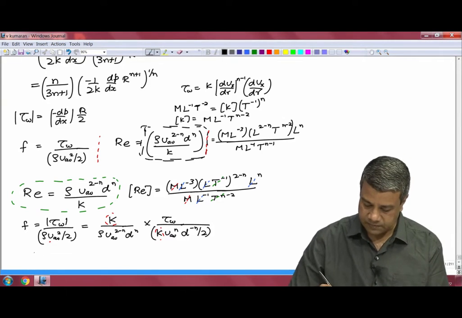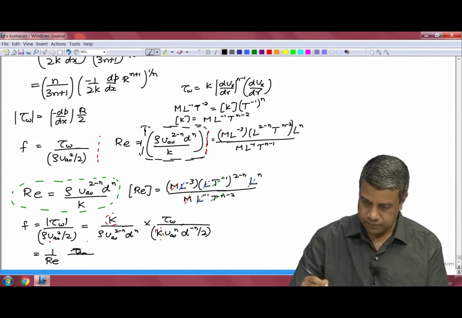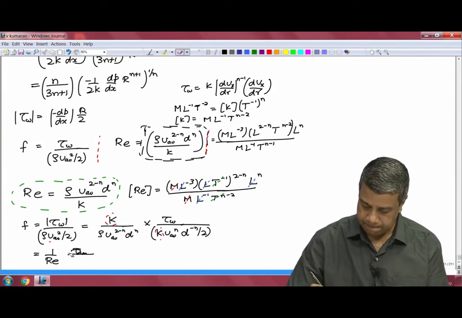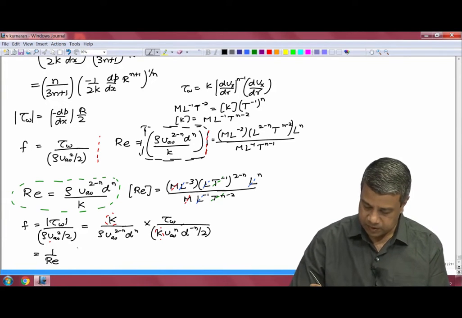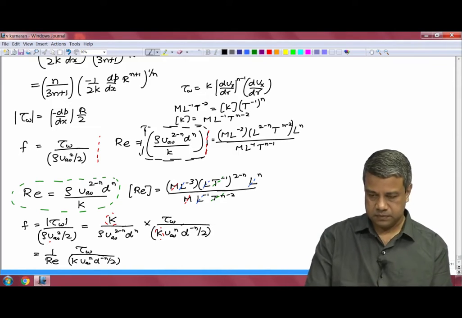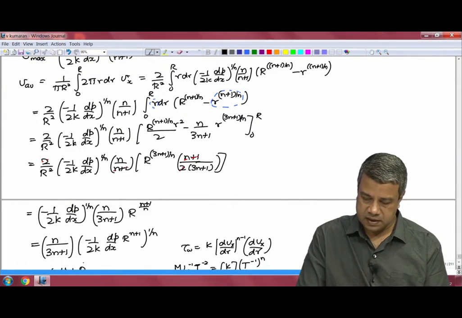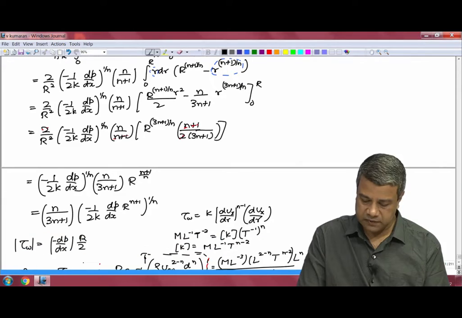this is now of the form 1 over Re into tau w by k V average power n d power minus n by 2. The advantage of doing it this way is that I now have an expression for V average power n.